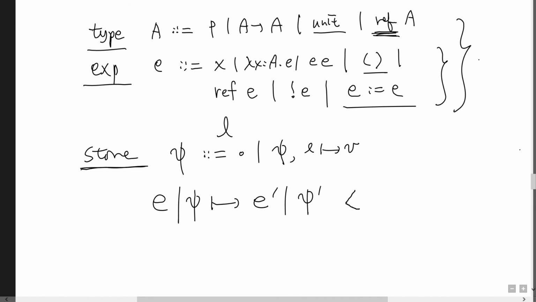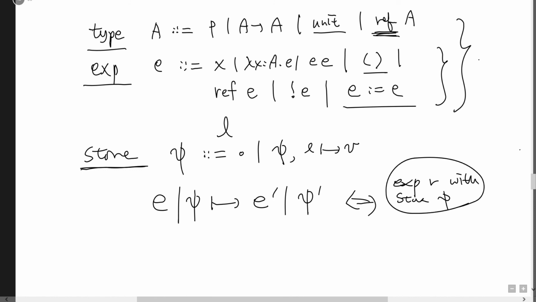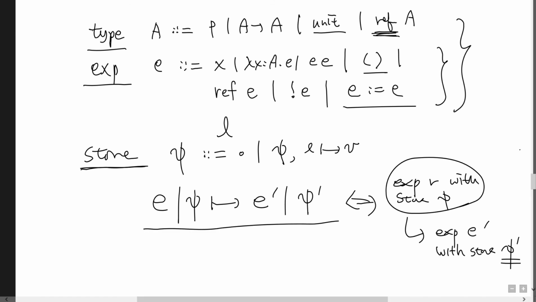This judgment says expression E with store psi is the current state, and this one reduced to expression E prime with store psi prime, where psi prime is potentially updated, but not necessarily. So with this interpretation in mind, now it's actually pretty easy to develop all these reduction rules.